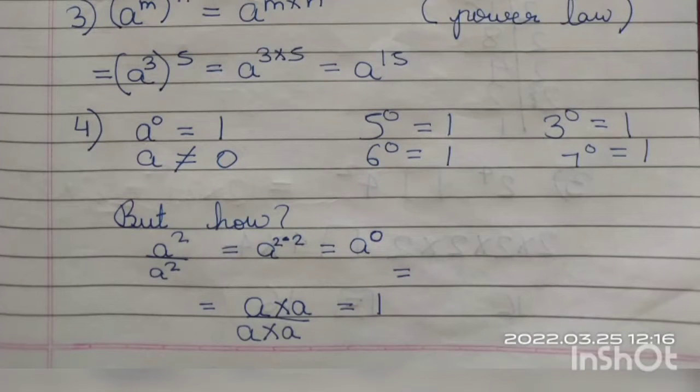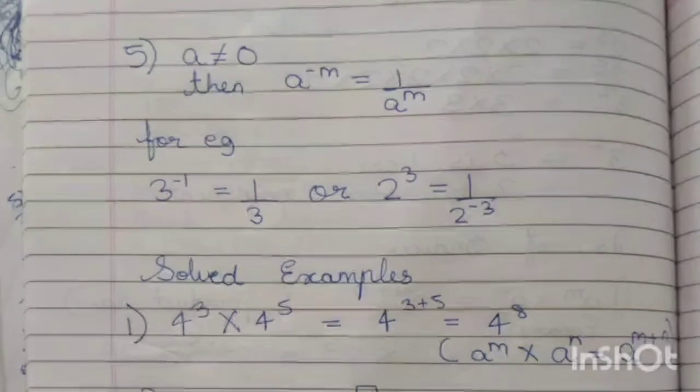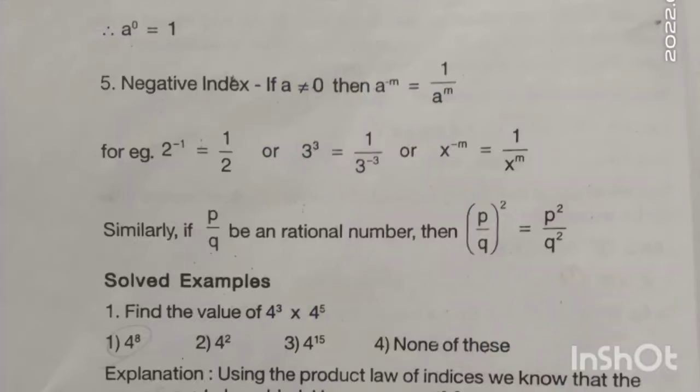Now the fifth law is that when a is not equal to 0, then we have a to the power minus m. Here we have a negative exponent. In such cases, whenever there is a negative exponent, we reverse the fraction. So it will be 1 divided by a to the power m.